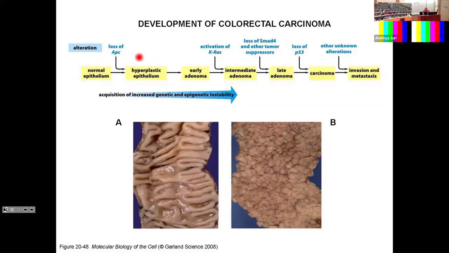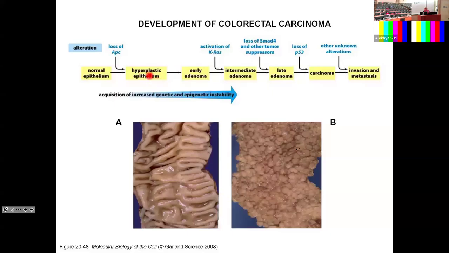Then it starts becoming hyperplastic epithelium, then you have an early adenoma. If that person has a colonoscopy and they remove this, most likely it will stop the process so this cannot happen, right?